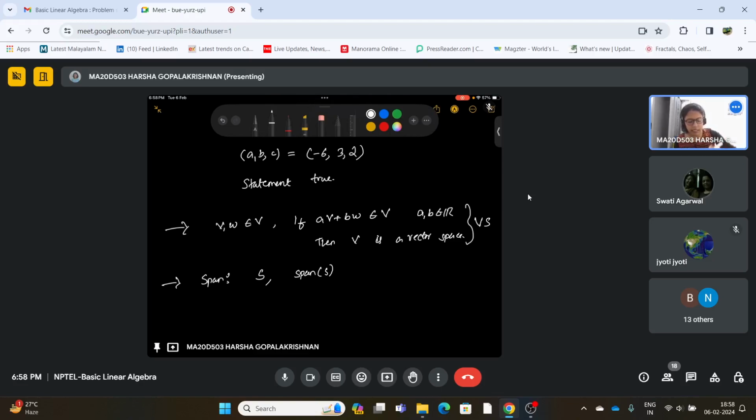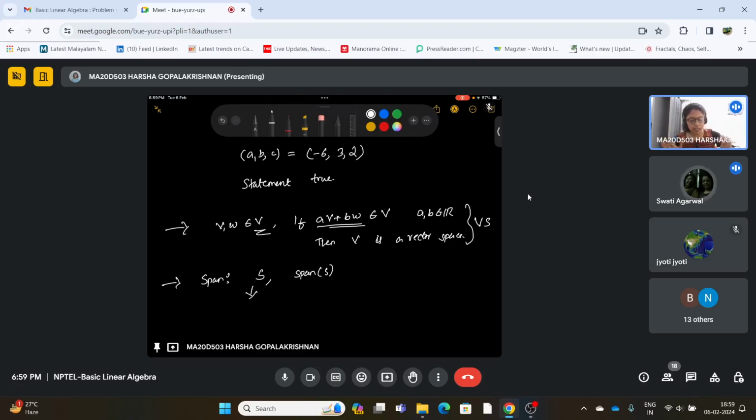Here we are considering V, and we are checking whether V is a vector space or not. For that we will check this condition is true or not. If it is true, it is a vector space. Otherwise, not a vector space. But in case of span, we have some set. We are finding what is the span of S.